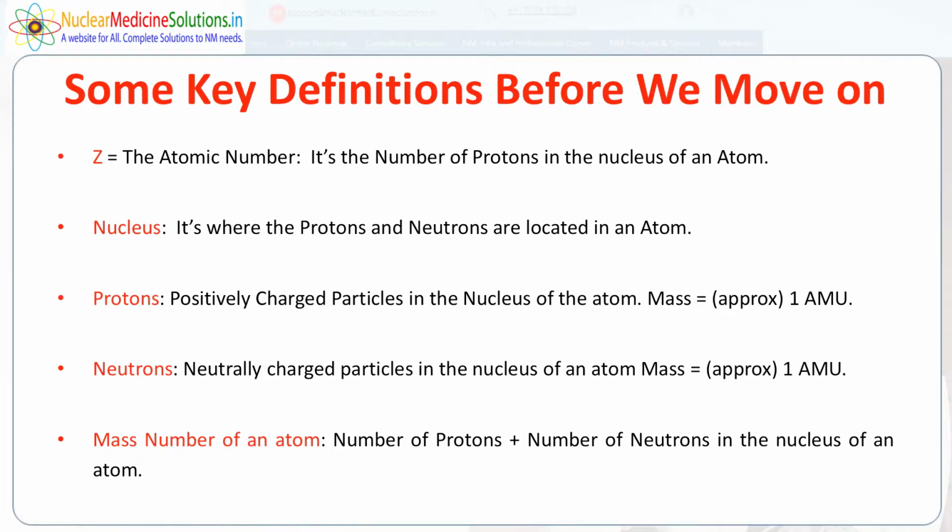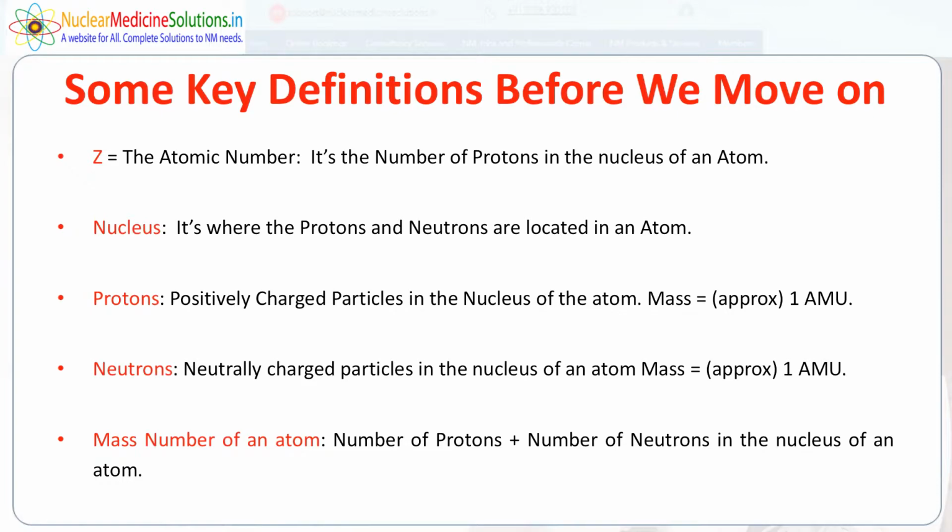It is the number of protons in the nucleus of an atom. Nucleus, what is the nucleus? The protons and neutrons which are located together in an atom are called the nucleus. Now comes the proton. A positively charged particle in the nucleus of an atom is called a proton, and its mass is 1 AMU.